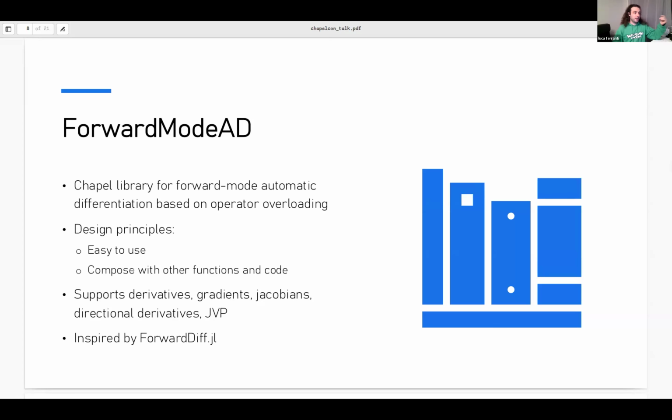As we heard from Chris's talk, for example, this concept of composability is important in open source communities: if someone develops a library for, say, optimization, they should be able to plug in this ForwardModeAD library and use it for their work. At the moment, it supports the basic things that you would expect from automatic differentiation libraries: derivatives, gradients, Jacobians, directional derivatives, Jacobian vector products. I should mention that when I started writing it, I was heavily inspired by how ForwardDiff, the Julia library, operates for the same operator overloading forward mode automatic differentiation.